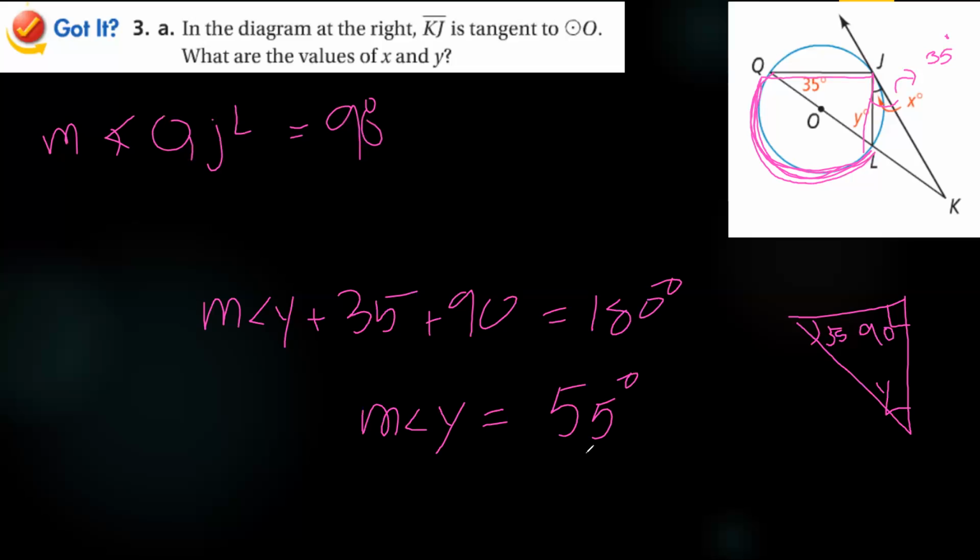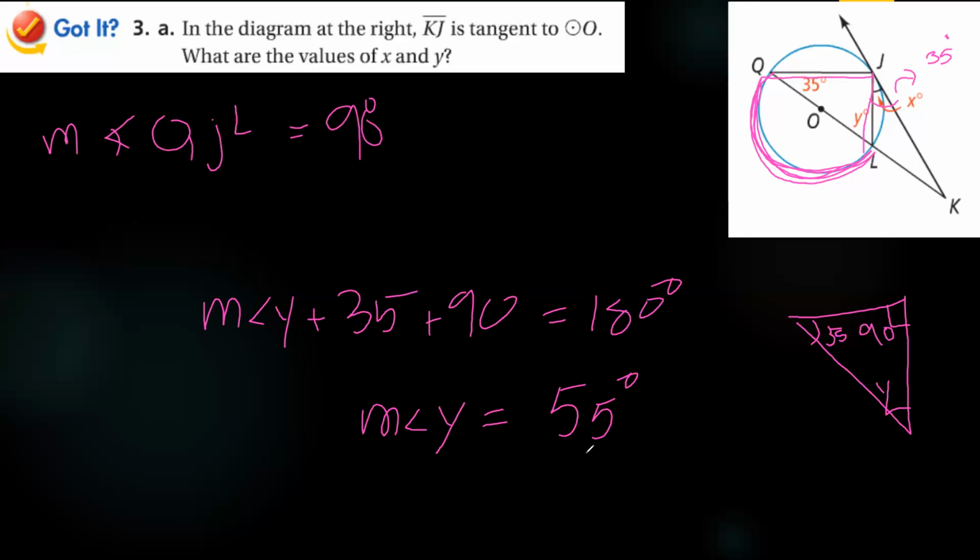So here we have two ways. We can find the measure of the arc QJ and half of it will be the angle Y, or you can say that since the angle J has an intercepted arc which is a semicircle, its measure is 90.